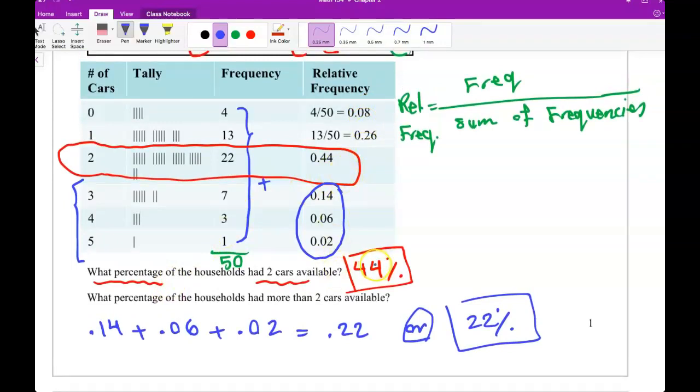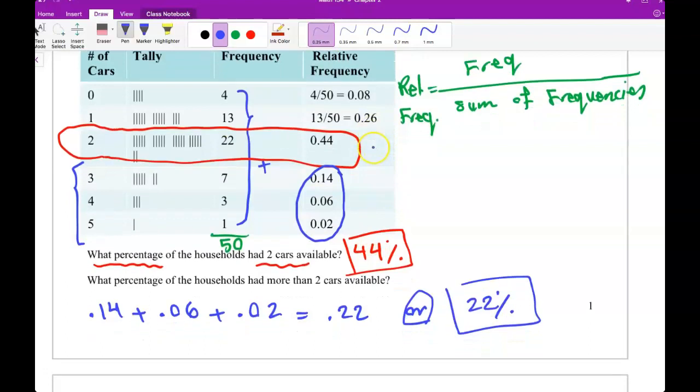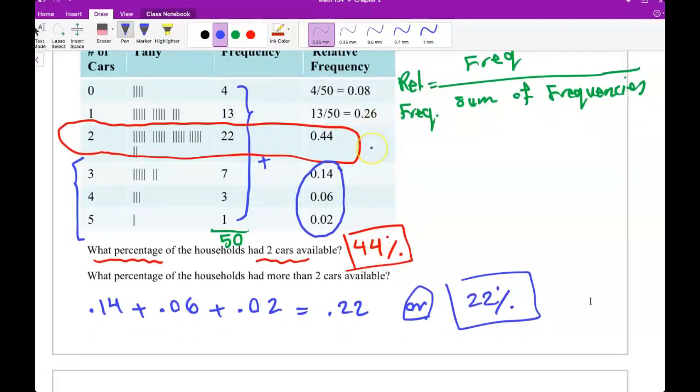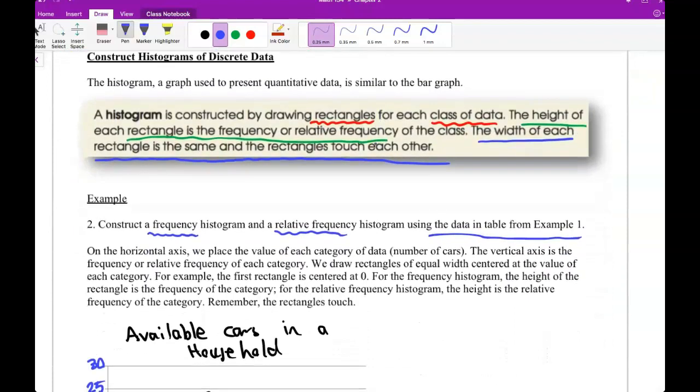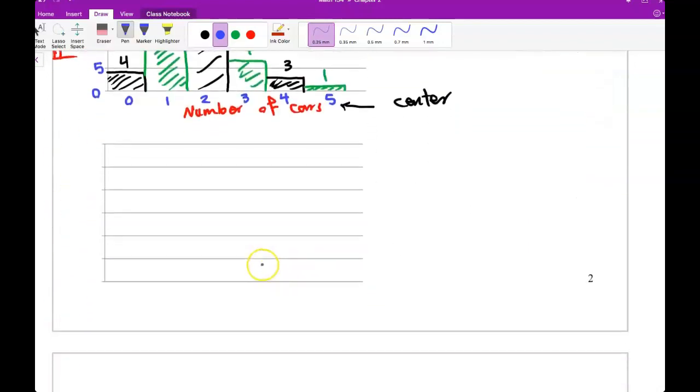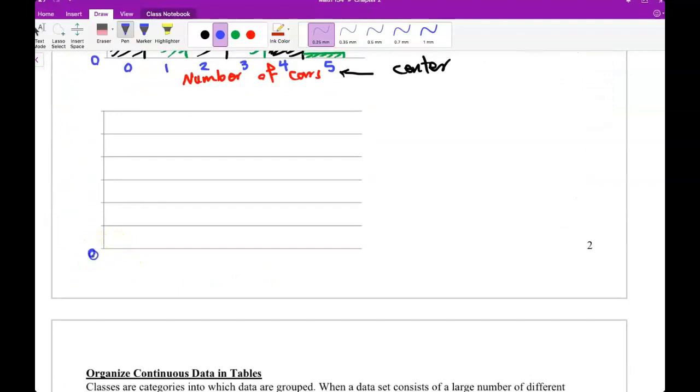I'm going to start from 0 again. Okay, so here is 0, then here is 0.1, 0.2, so 10%, 20%.